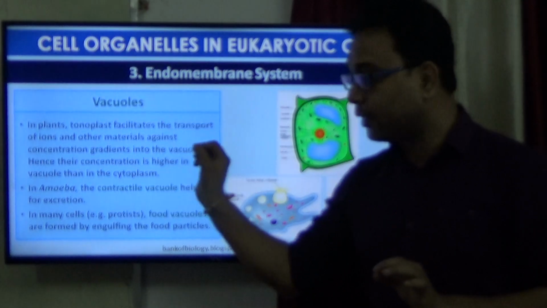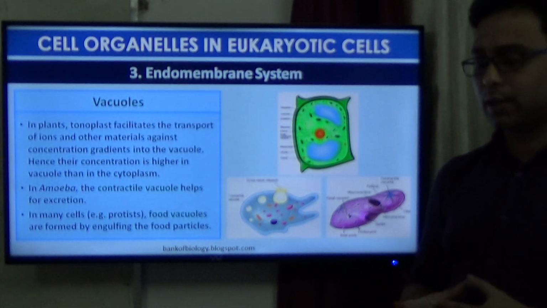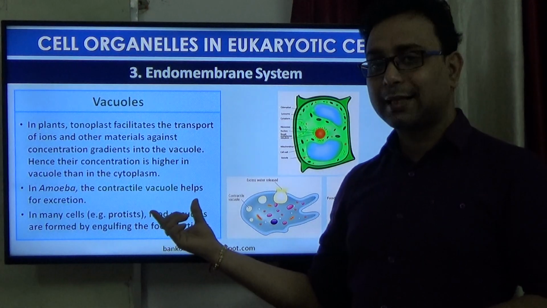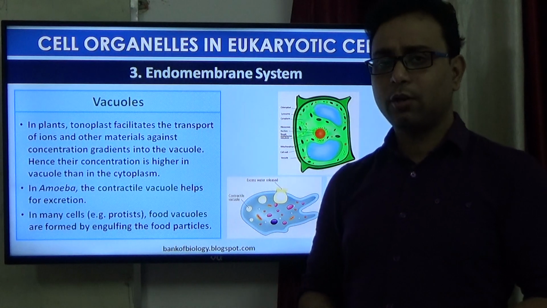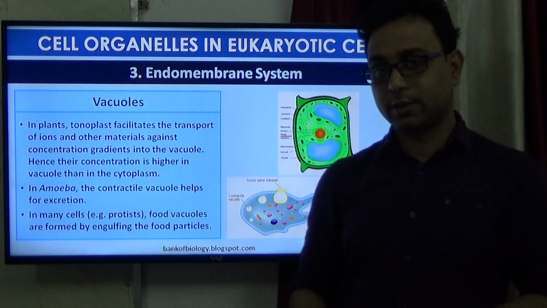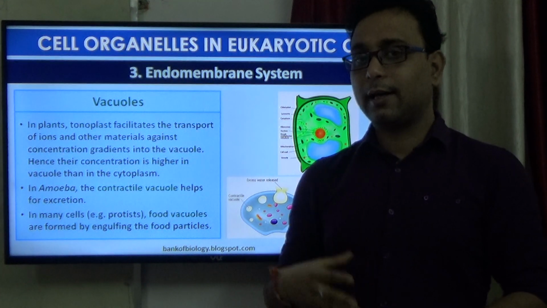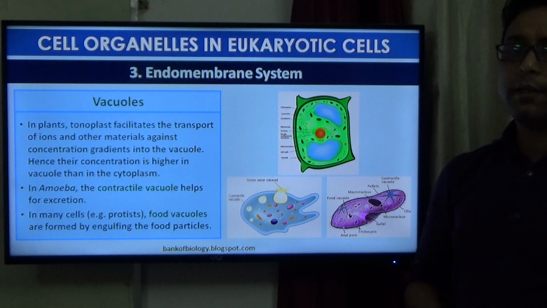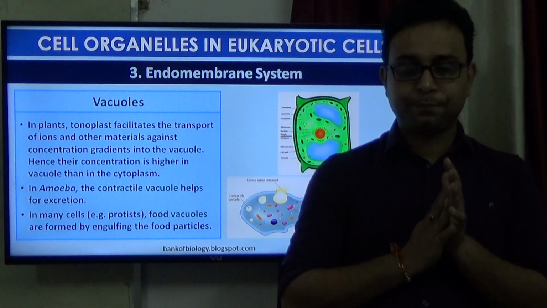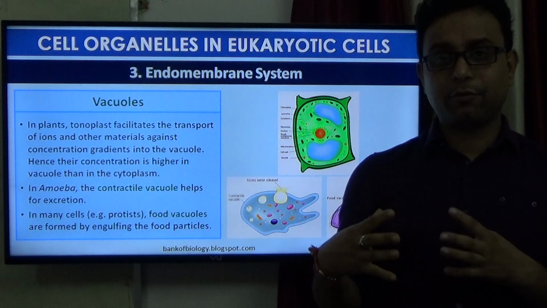Active transport here. But in the amoeba, a protistan, they have the contractile vacuole, a special type of vacuole. What is the function of the contractile vacuole? It helps in the excretion process. Many cells like protista also have a food vacuole. Why food vacuole?